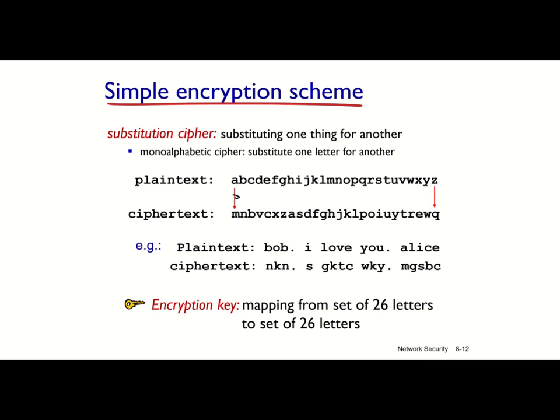And for example, letter X can be decrypted by looking at the least frequent letter in the ciphertext. But the encryption key is the mapping from a set of 26 letters to a set of 26 letters. Basically, to find the encryption key, you have to find the specific permutation of all the 26 letters. Since we have 26 letters, the number of permutations is 26 factorial. So we have 26 factorial different encryption keys for the monoalphabetic cipher.